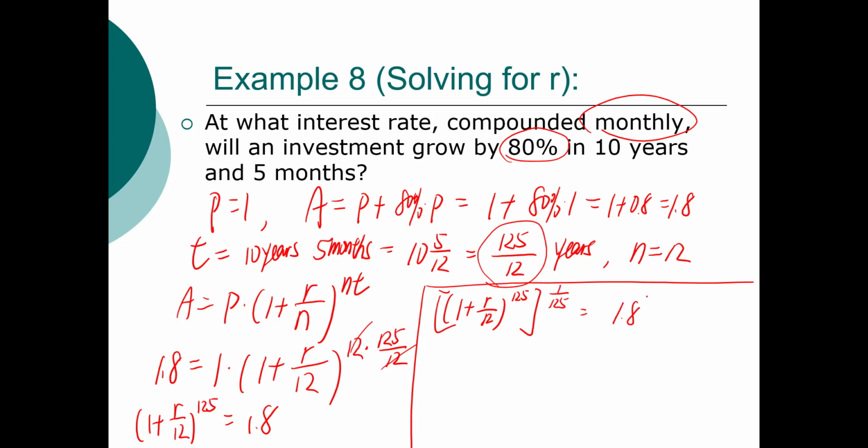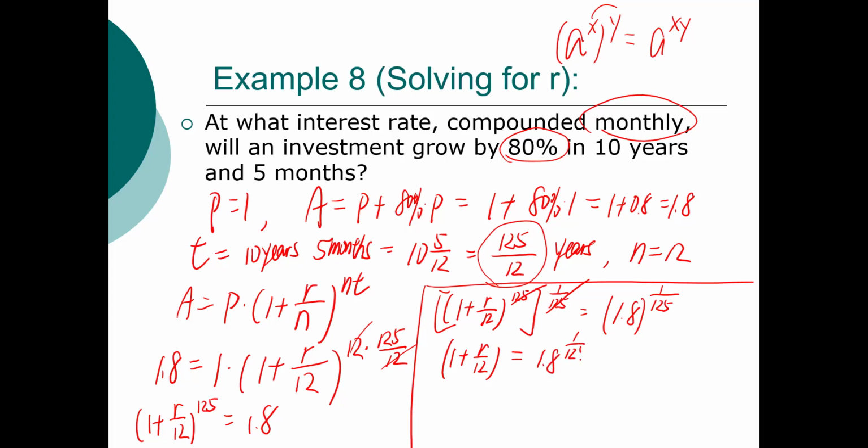On the right hand side, do the same thing: 1.8 raised to the 1 over 125 power. Since the exponents are reciprocal, the product becomes 1. So here we get 1 plus r over 12, and these two cancel each other, so we end up with 1.8 raised to the 1 over 125 power.